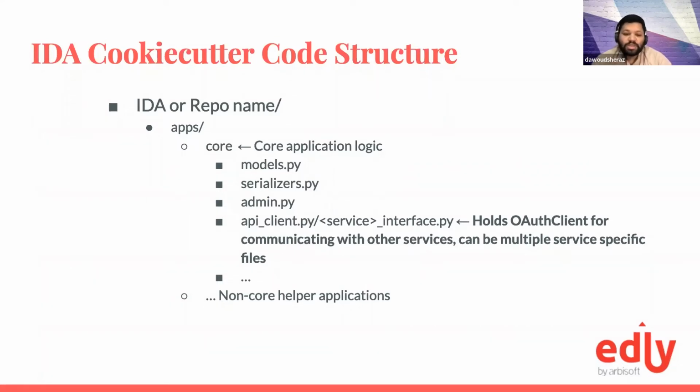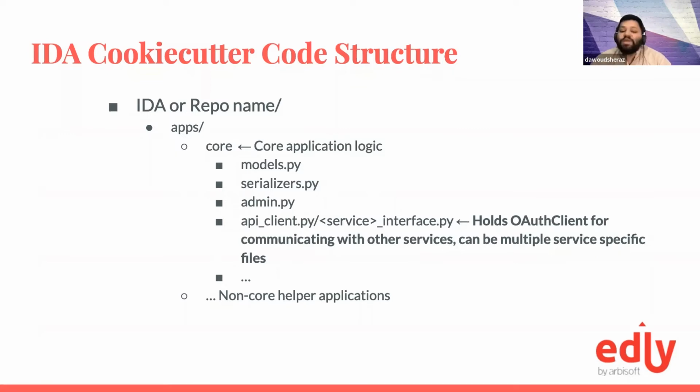One difference here would be a file called api_client.py, or there can be a directory called api_client, and it will contain various services.py files. These are important files because they will contain the OAuth client that is responsible for communicating with other services.